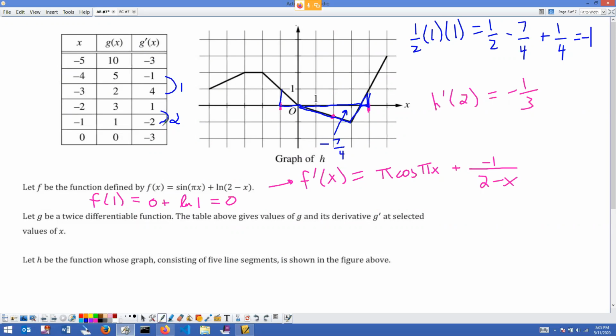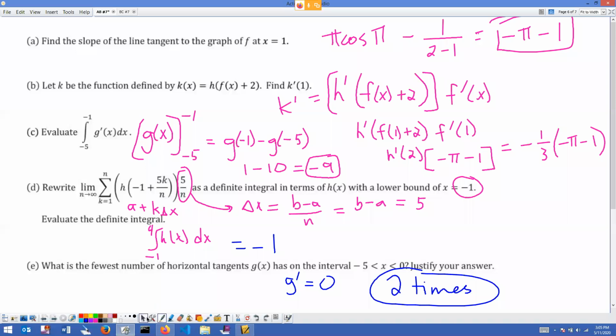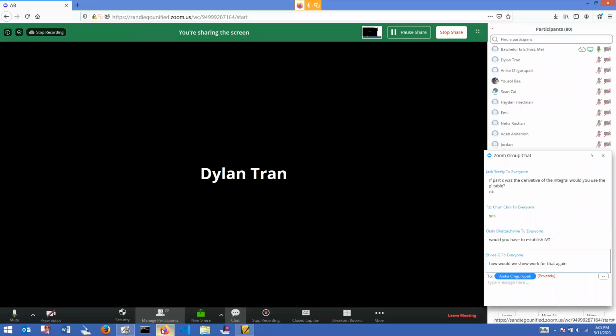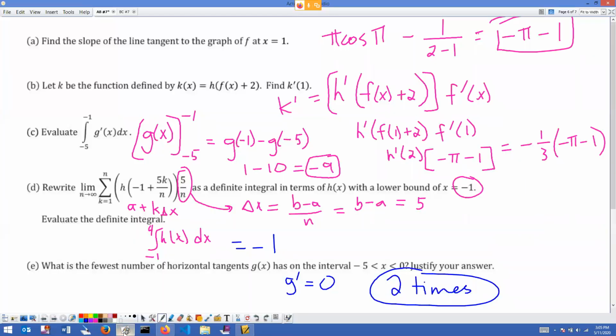If you threw in IVT to that also, then great. But I don't think you'd lose the points if you didn't state IVT. And Shri, there's no work to show per se other than writing a short statement that says why you chose 2 as your number of times. So, any other questions on that one?